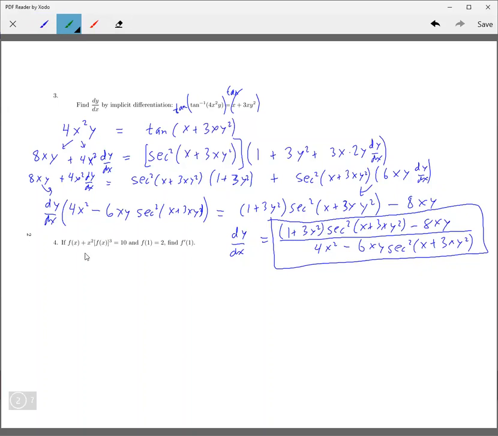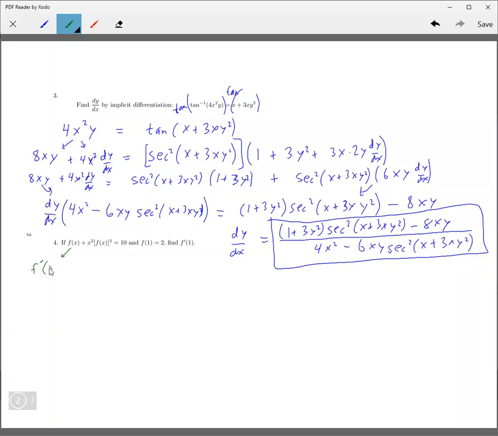Okay, so that's now number 4. Here, instead of y's, we have these f's, and we're supposed to find f prime evaluated at 1. They give us this extra piece of information. So it's the same thing. This time we're going to treat f as the inner function, but we're still differentiating with respect to x.